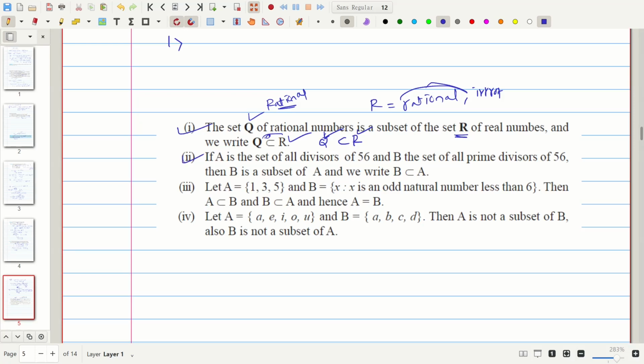And second example: A is the set of all divisors of 56, and B is the set of all prime divisors of 56.